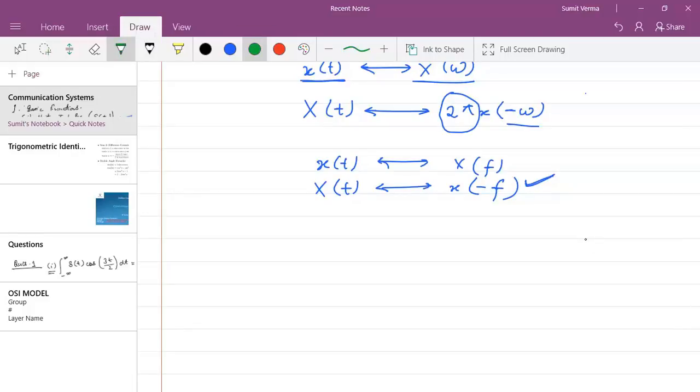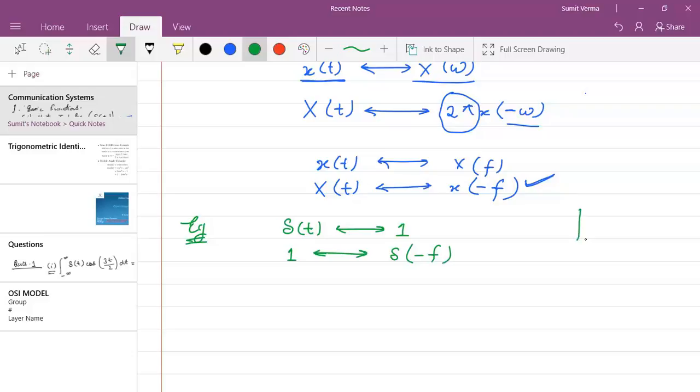Let's take an example. Because we know the Fourier transform of del of t to be 1, by the duality property the Fourier transform of 1 would be del of minus f, using the f domain here.